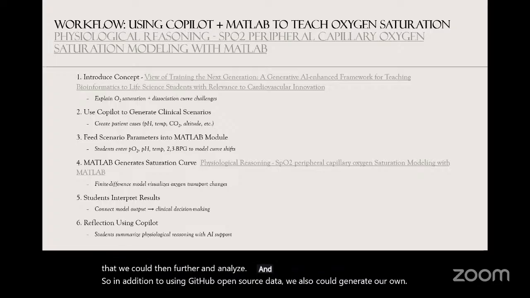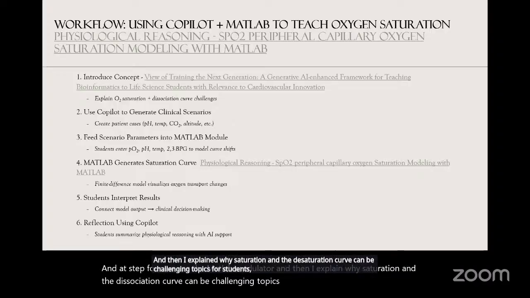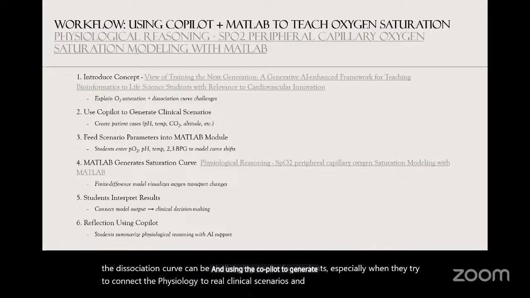And at step 4, we use the MATLAB modulator. Then I explain why saturation and the dissociation curve can be challenging topics for students, especially when they try to connect the physiology to real clinical scenarios. And using Copilot to generate clinical cases, we can talk about the ethics behind that.